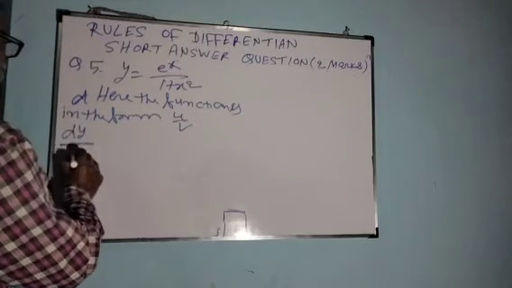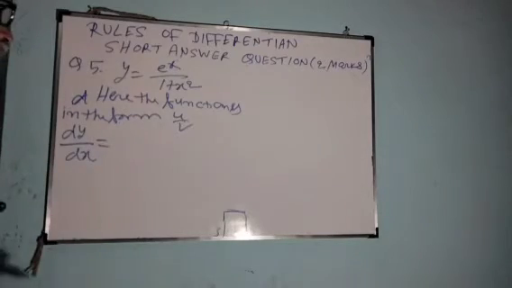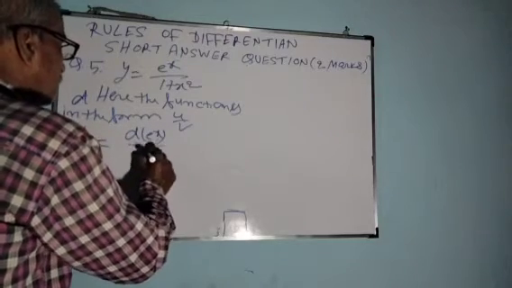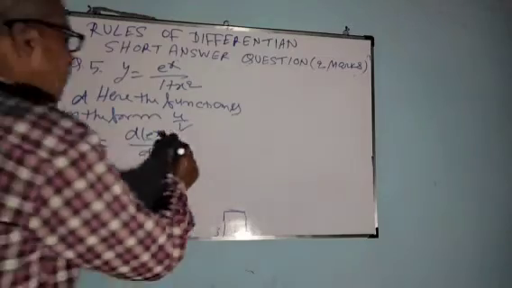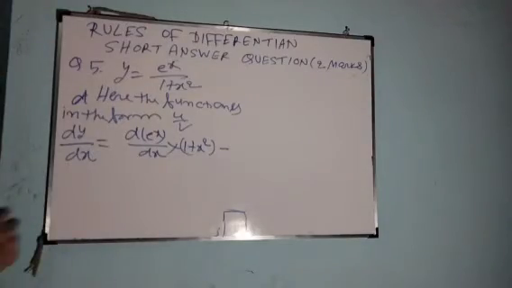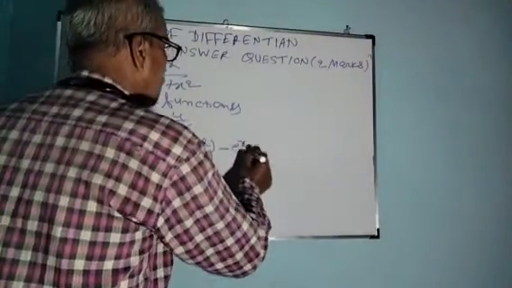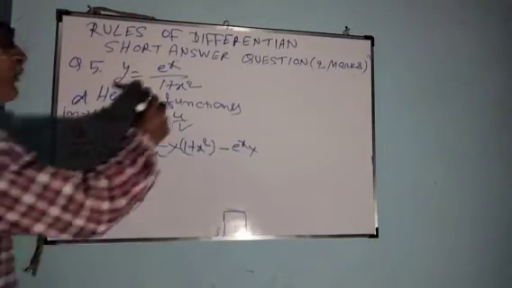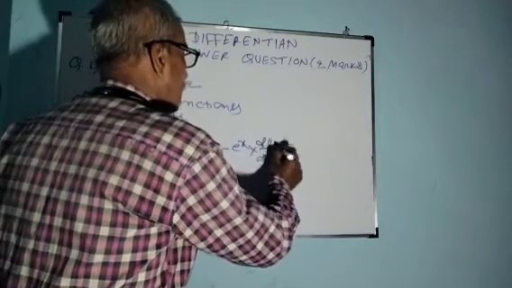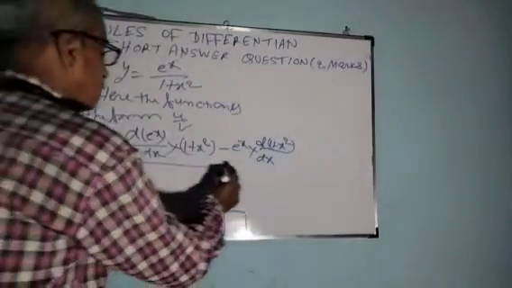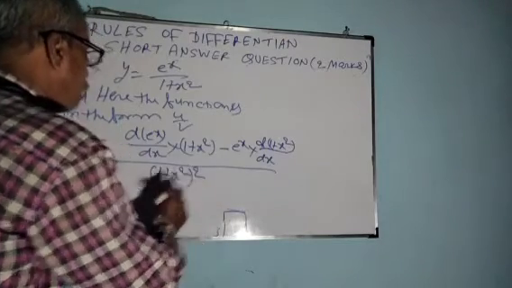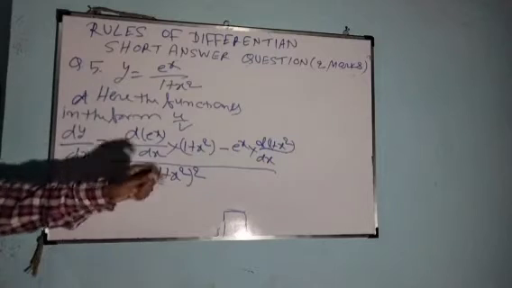Let us see. dy/dx is equal to the derivative of the numerator d(e^x)/dx into the denominator 1 + x^2, minus the numerator into the derivative of the denominator d/dx(1 + x^2), divided by (1 + x^2) whole squared, that is the square of the denominator.